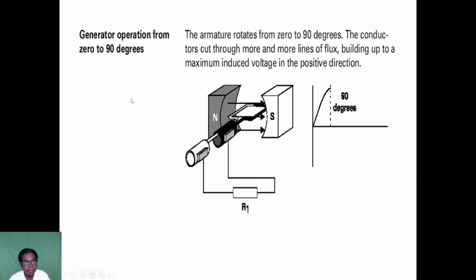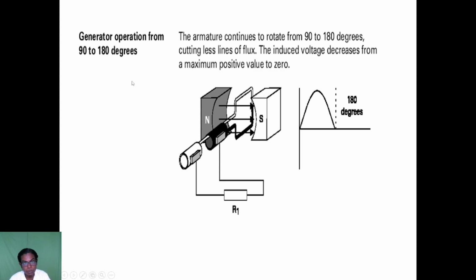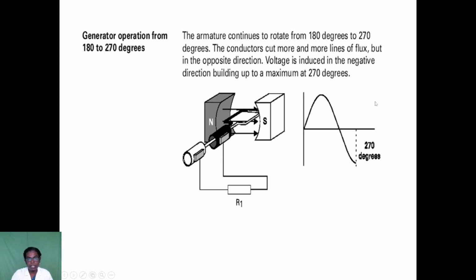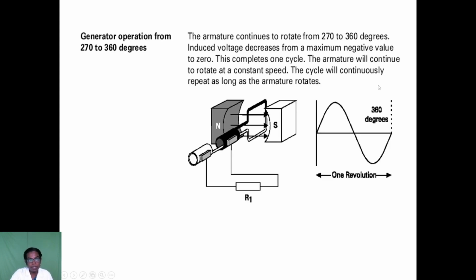But from 0 to 90 degrees, it becomes perpendicular to the magnetic flux, which is why we produce the maximum current at 90 degrees. Then from 90 to 180 degrees, the conductor cuts continuously fewer lines of flux because it is moving in another direction, so the voltage decreases. Next, from 180 to 270 degrees, the conductor cuts more and more lines of flux but in the opposite direction, so the voltage is induced in the negative. Next, from 270 to 360 degrees, the voltage decreases from the maximum negative level to 0.